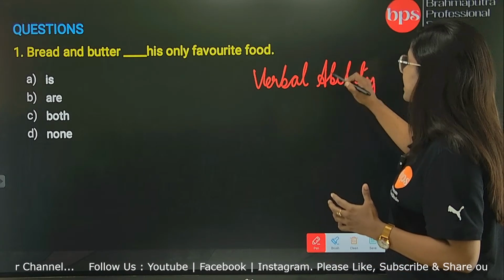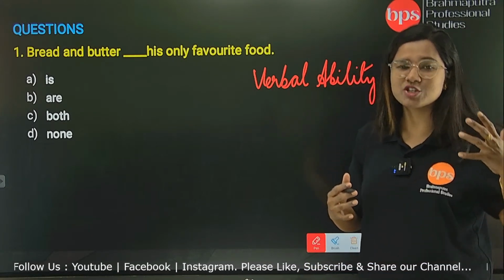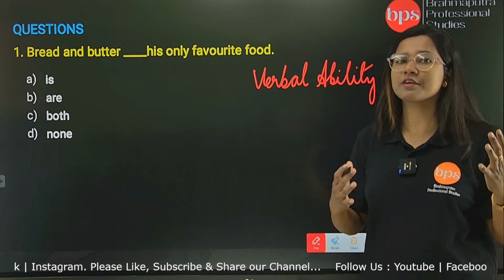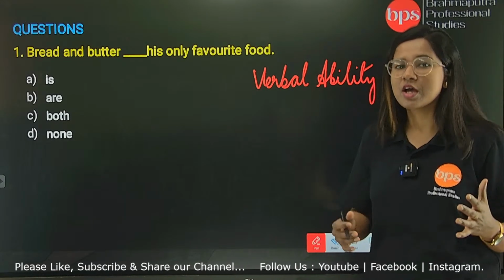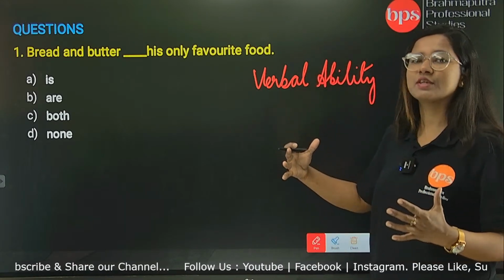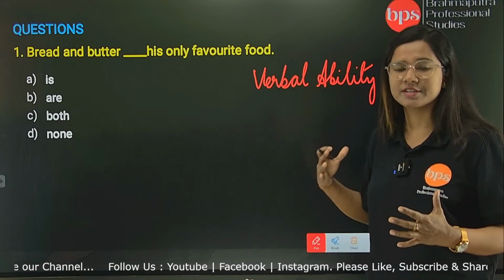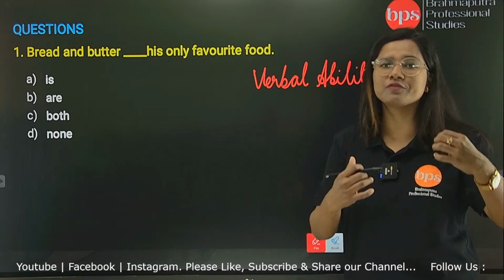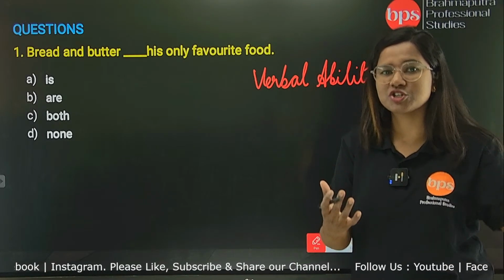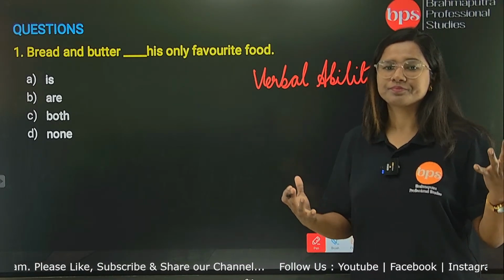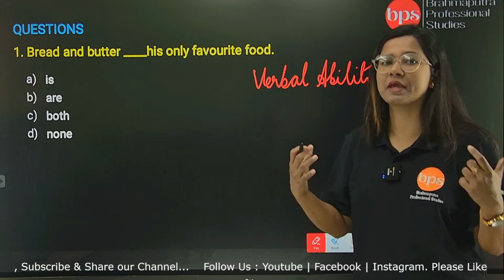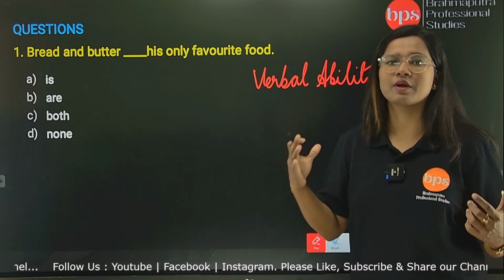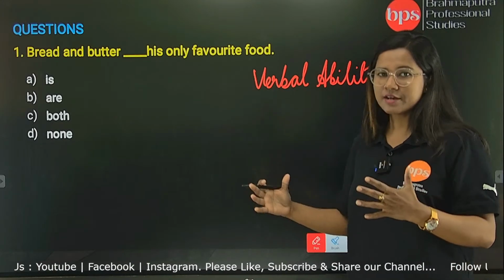Verbal ability is your conversation capacity, your capacity to converse with someone in the correct way. Under verbal ability, we have a lot of segments and contents related to improving your vocabulary, your speaking, your conversation ability, and your ability to frame sentences in correct grammar. So let's start the session.